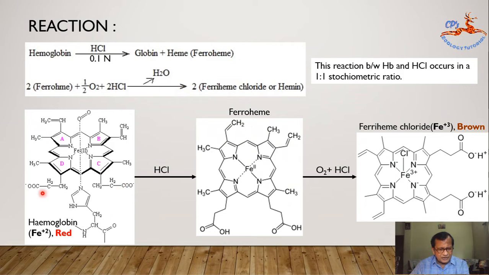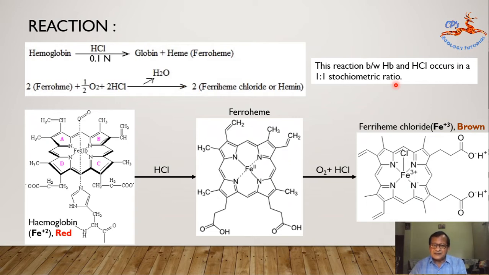From the hemoglobin structure, this part is the globin part, and after dissociation, the ferroheme structure is formed here. This reaction between hemoglobin and hydrochloric acid occurs in a 1:1 stoichiometric reaction.